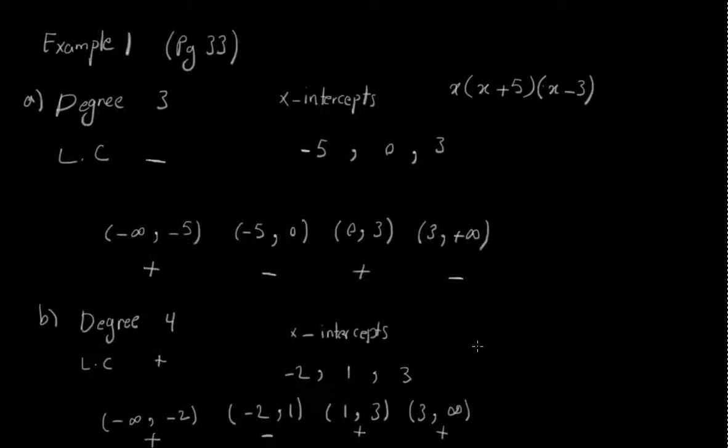Now for part B, we have -2, so we have x plus 2 as the factor, we have 1, so it's x minus 1, and we have 3, which is x minus 3. But as you can see, there's an order of 2 here, so you're going to put a power of 2, or this factor would be squared.